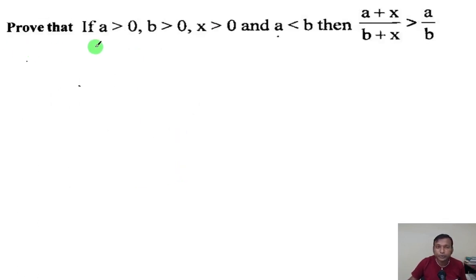In this question we have to prove: if a greater than 0, that means a is positive, b greater than 0 means b is positive, x greater than 0 means x is positive. If a, b, x are positive and a less than b, then a plus x by b plus x is greater than a by b, we have to prove.